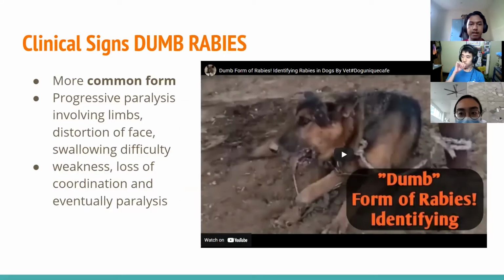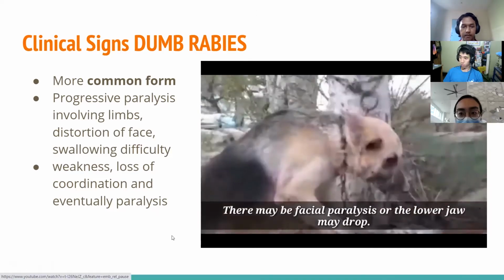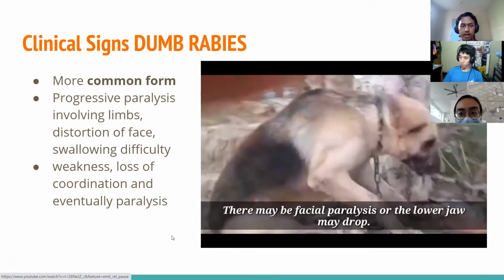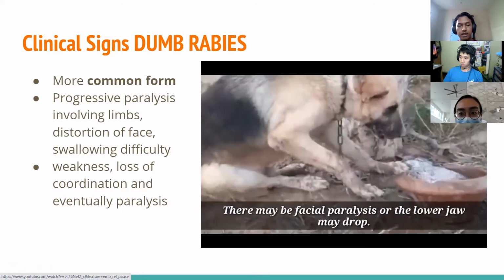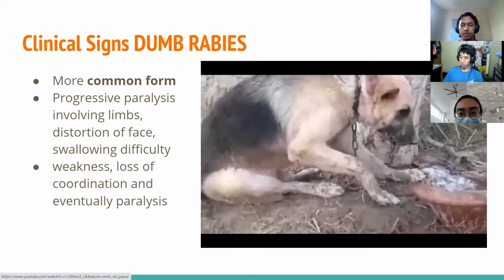Okay, now I'll continue with one of the clinical forms of rabies, which is also known as dumb rabies. This is the more common form of rabies infection, where it involves progressive paralysis of the limbs, distortion of the face, and swallowing difficulty. The dog would also experience weakness, loss of coordination, and eventually paralysis. From the video you can see that the face is distorted, where the dog is experiencing swallowing difficulty.